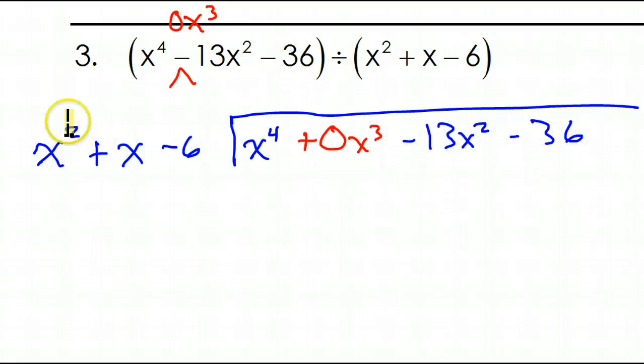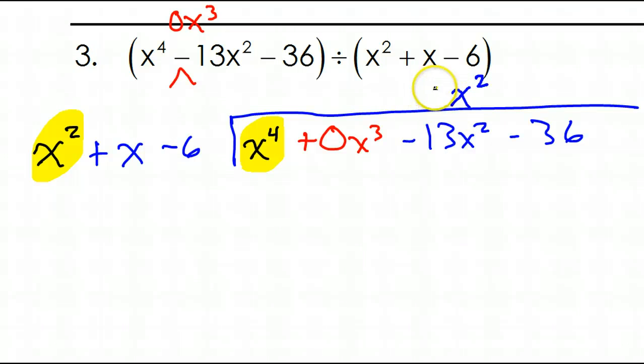So first, you look at your x squared and your x to the fourth power. And you ask yourself, x squared times what will make x to the fourth power? X squared times x squared will make x to the fourth power. So I'm going to put x squared, but I'm going to put it way over here. Why? Line up your like terms.